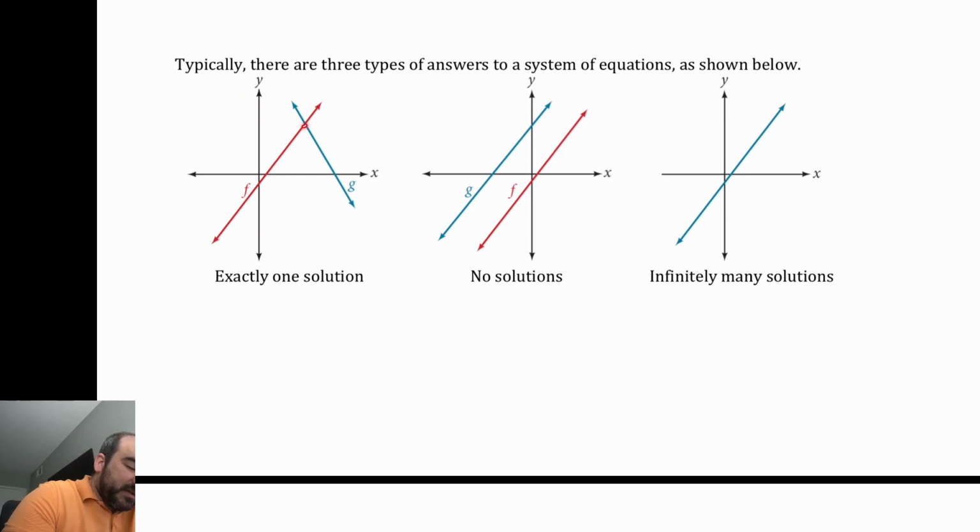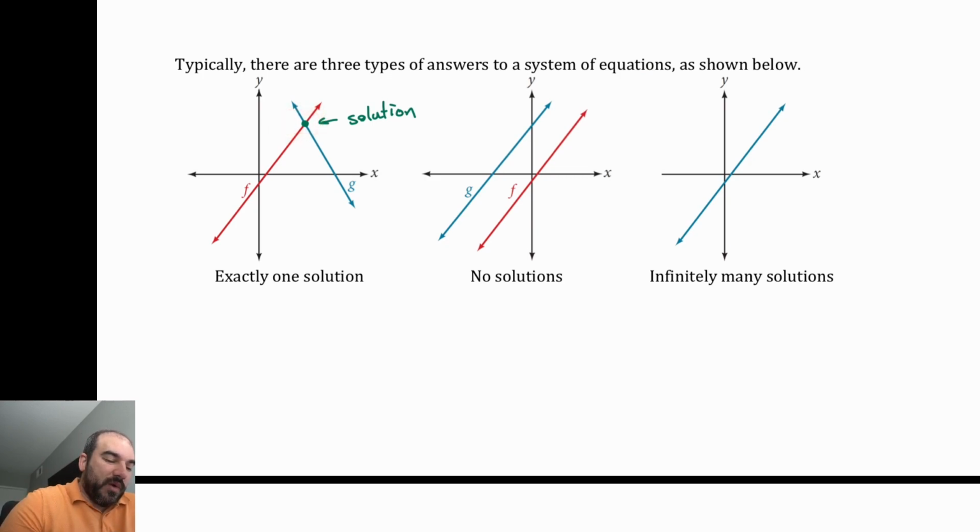So if they intersect at a single point, I should make a note of this, the single point of intersection is the solution, because it's a point that satisfies both equations. It's a point that lies on both lines. So when we ask for a solution to a system of equations, we're asking where do the 2 lines intersect. So there are 3 things that can happen.